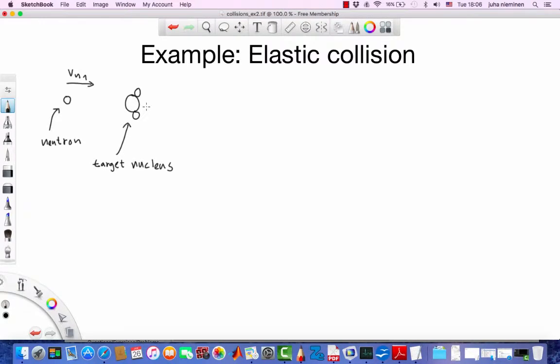First of all, why is this collision elastic? Well, the two nuclei are being repelled by their positive charges, and the electric force known as Coulomb's force is indeed a conservative force. So energy in this kind of collision is conserved.